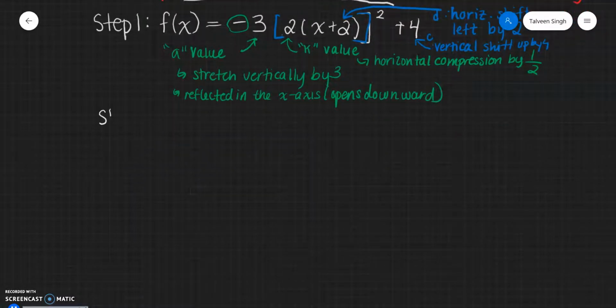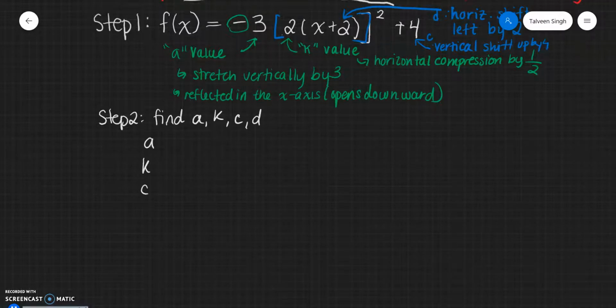So step 2, find A, K, C, D. I just like writing them here. My A value was -3. Don't forget the negative sign, that's important. K is 2. For this one, it'll be -2 because we pulled it out, so we just changed the sign.